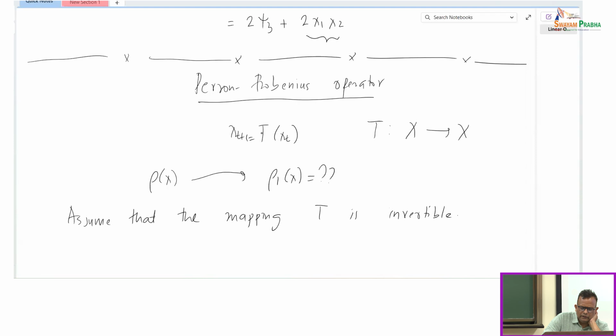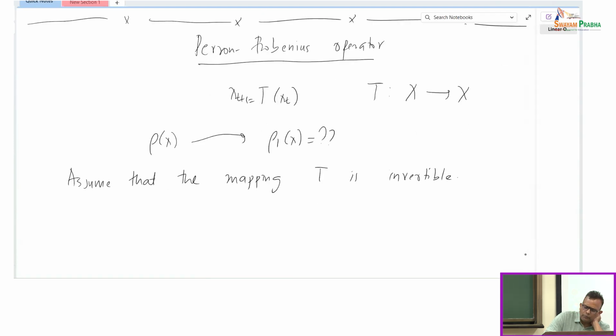But when it is invertible, you can define this Perron-Frobenius operator on a space of probability density functions.